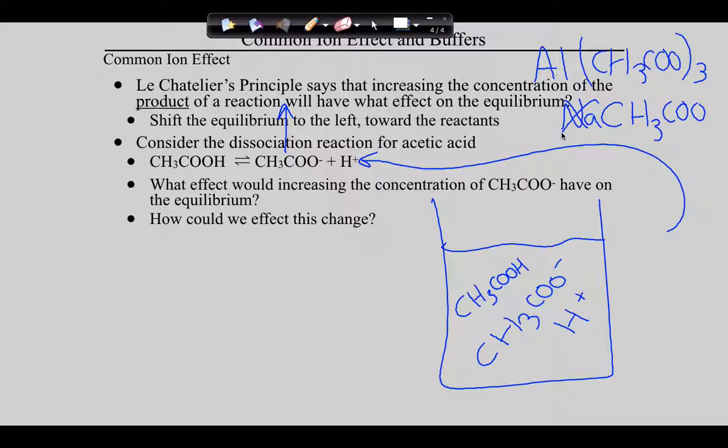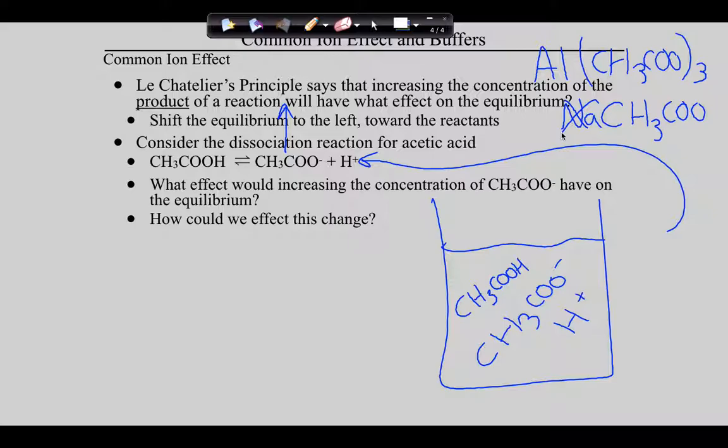So guys, when we choose our salts to do this, we will always choose salts that have another ion that is negligible in terms of its acidity or basicity. So what does that give us? Well, it gives us lithium acetate, sodium acetate, potassium acetate, rubidium acetate, cesium acetate, calcium acetate, strontium acetate, barium acetate, right?